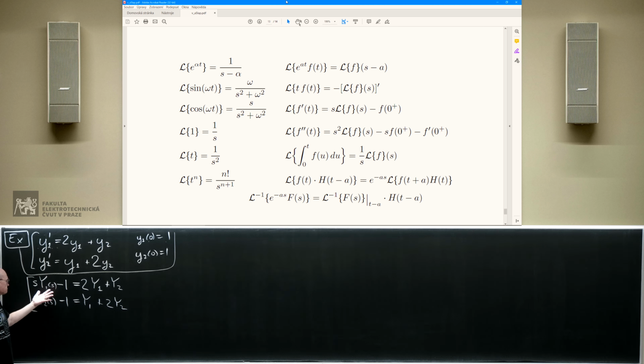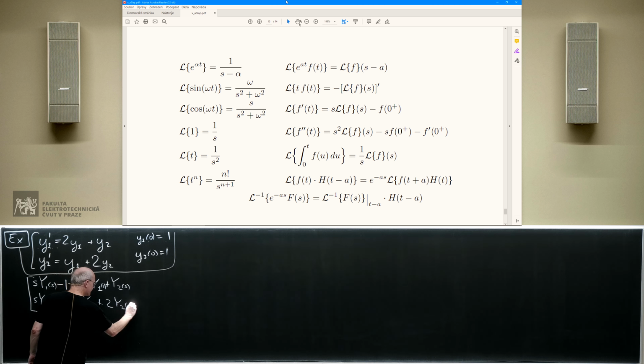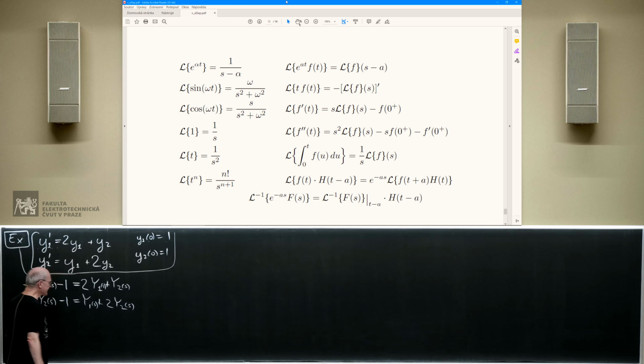Okay, that's a system. It's a linear system. It's an algebraic system. So perhaps I should move Y1, Y2 all to the left, and I keep forgetting to write the arguments. So perhaps I will drop them altogether.